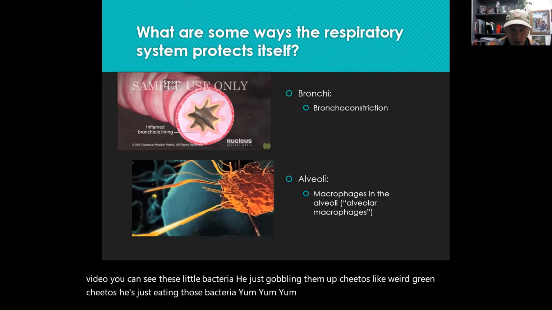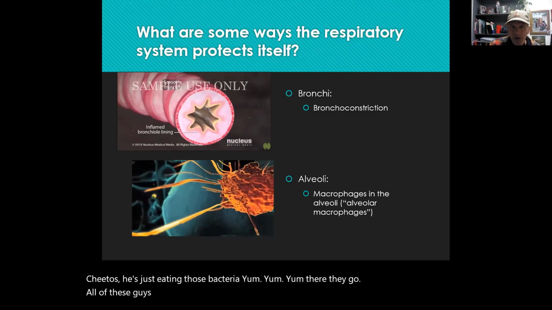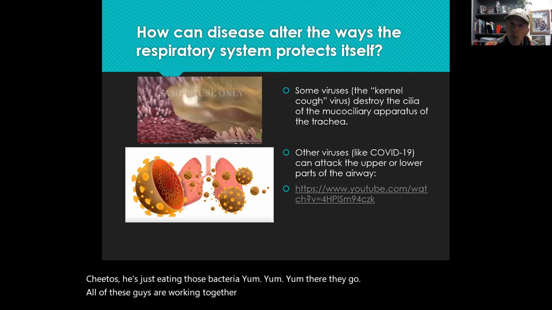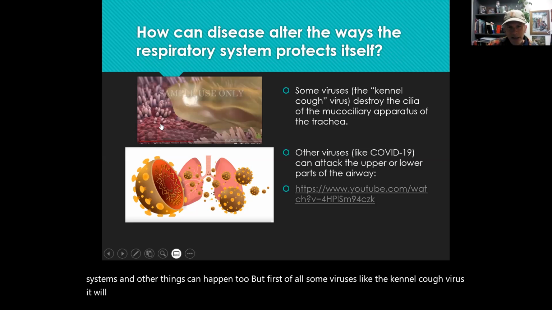All right, so all of these guys are working together to protect you. Well, disease can target some of these systems, and other things can happen too. But first of all, some viruses like the kennel cough virus will target the cilia and the mucociliary apparatus.